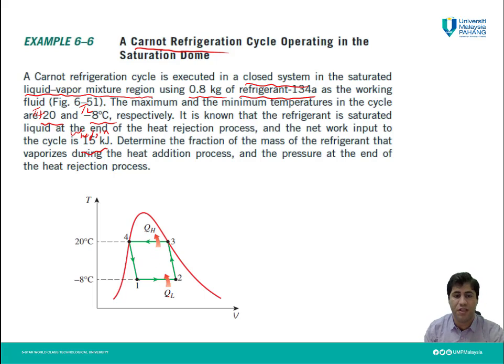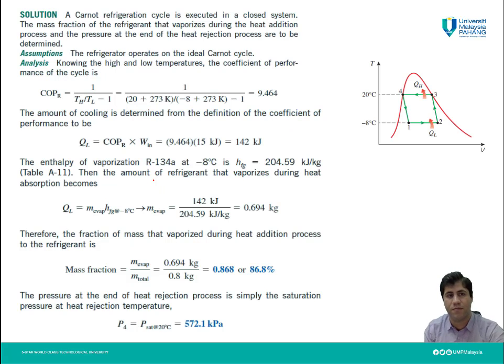So we have heat absorption here and heat rejection in this process. Now let's see how we can find this fraction of the mass and also how we can find the pressure at the end of the heat rejection process.